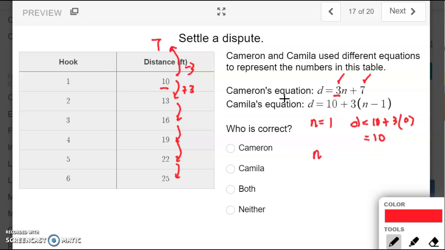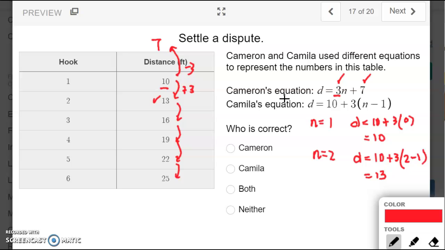What about when n is equal to 2? d is equal to 10 plus 3 times 2 minus 1. That's 1, so 1 times 3 is 3. 3 plus 10 is 13. And that's what we have. If we keep doing this, you will find that Camilla's equation also works out.